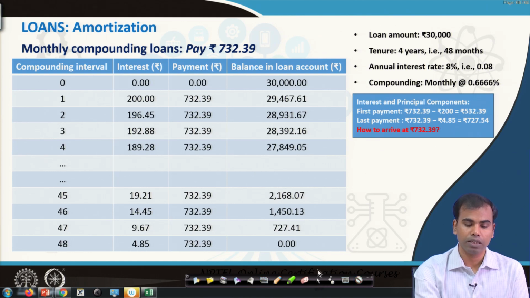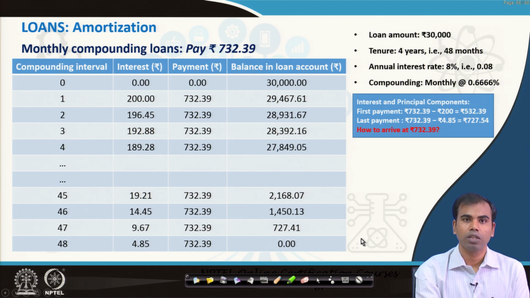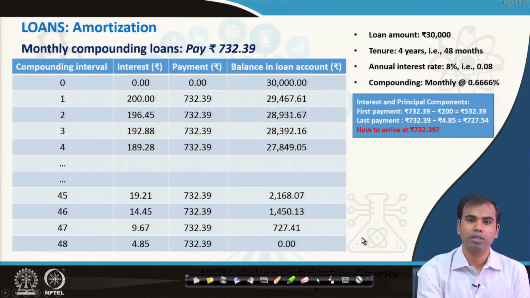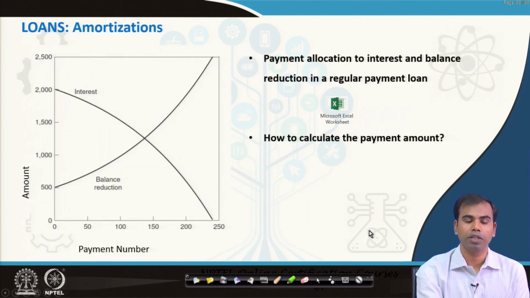Basically, it indicates the process through which the loan amount is reduced to nil over the period.